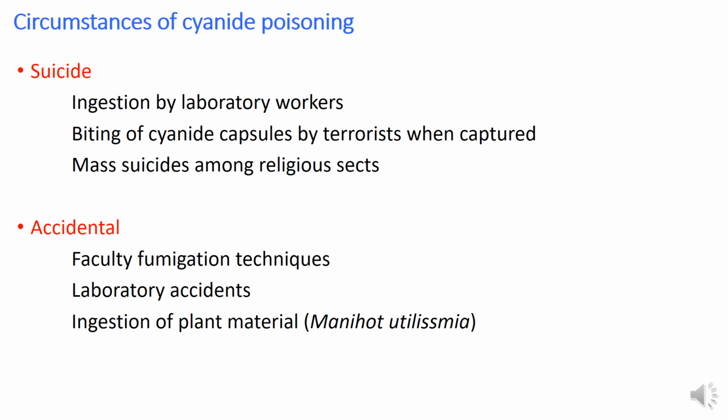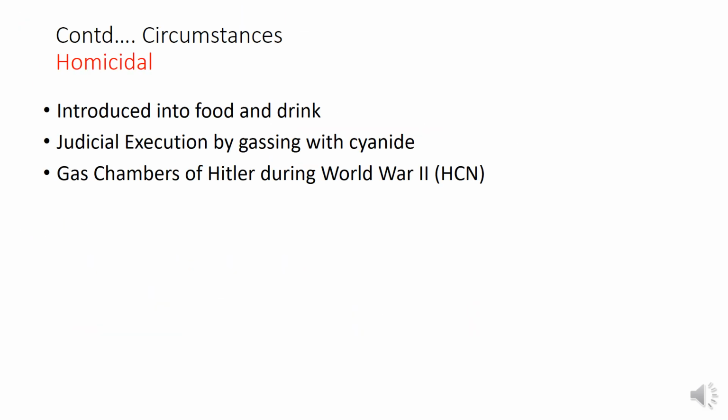Also biting of cyanide capsules by terrorists when captured, and in certain cases mass suicides among religious sects, and also accidental deaths, as described with ingestion of certain food items, and laboratory accidents as well, and also homicidal actions.